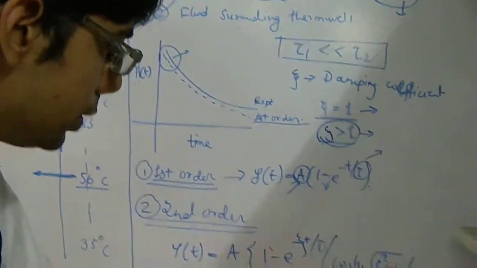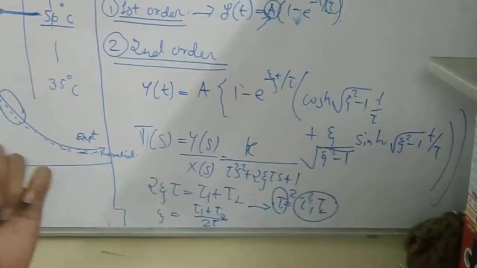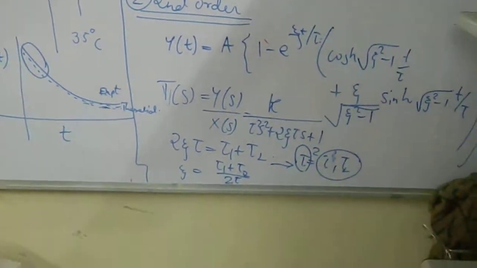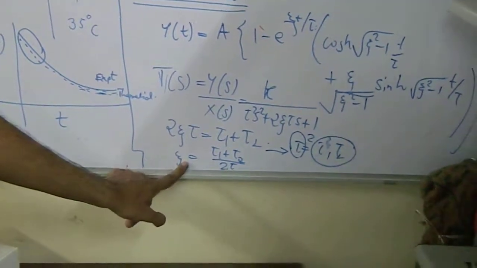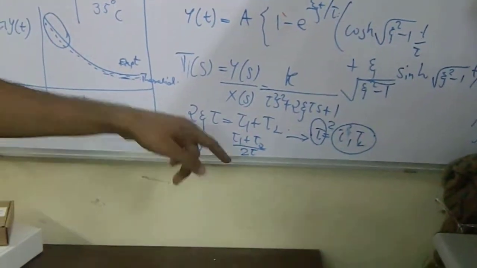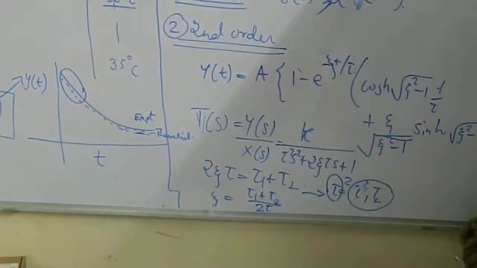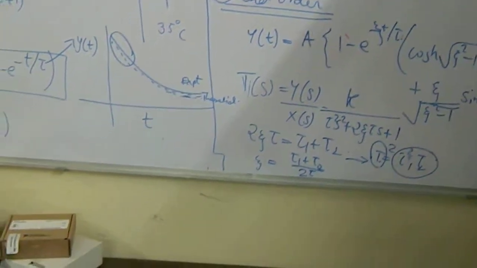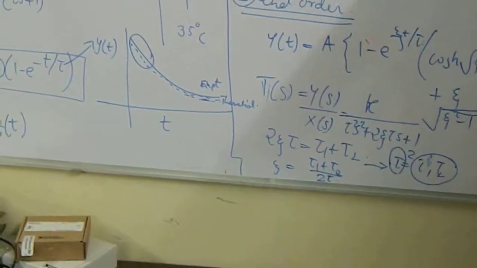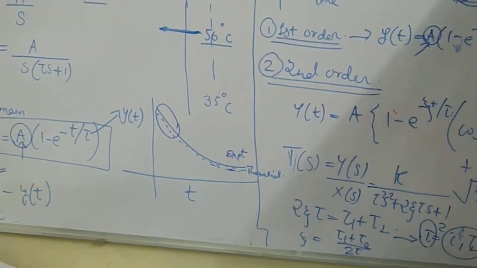So you know tau and tau 1, so you can calculate tau 2. Once you calculate tau 2, you can get the value of xi as well, because tau 1, tau 2 and tau are all known. You will realize that this value of xi will be greater than 1. So that verifies that this is an overdamped system. So that's all. Then we can proceed and see how the experiments are actually performed.